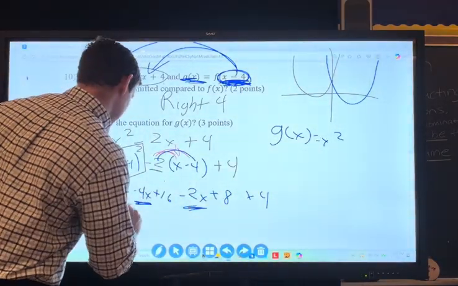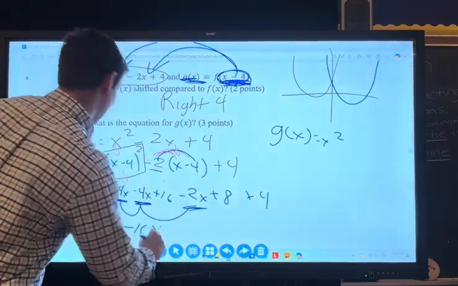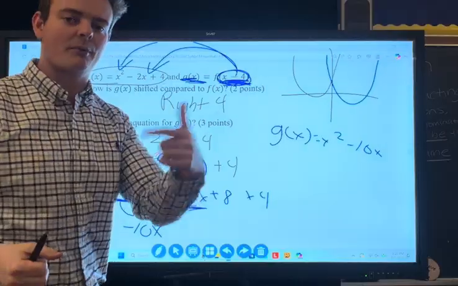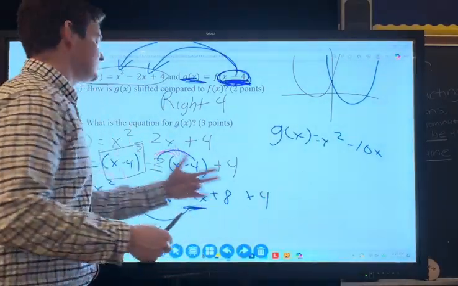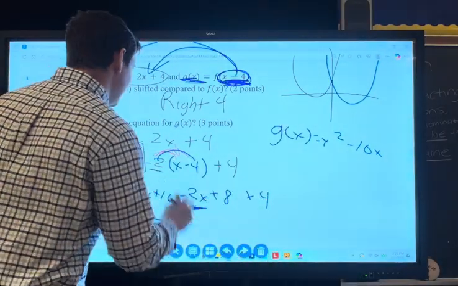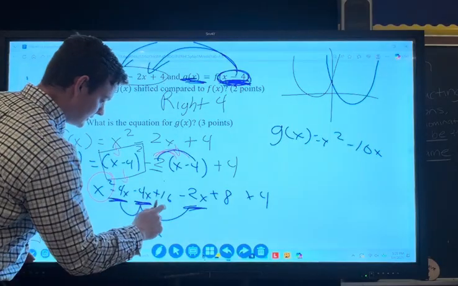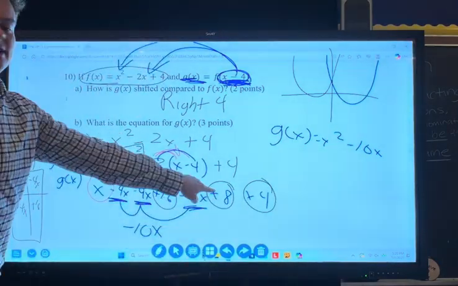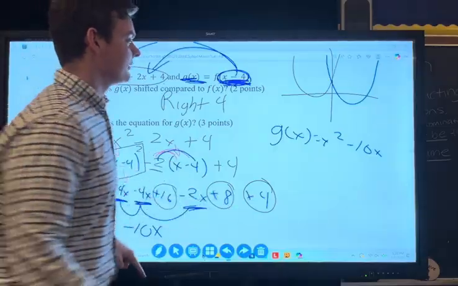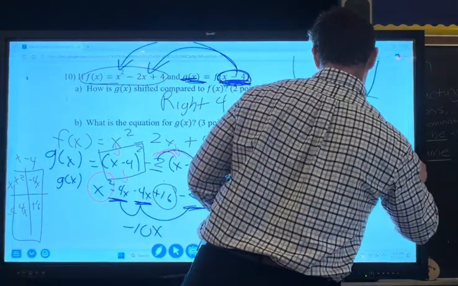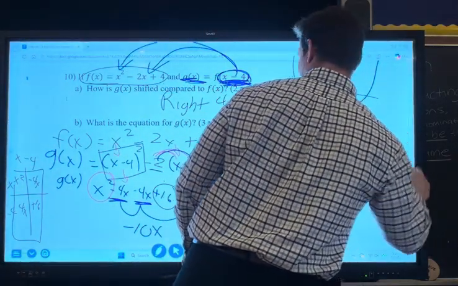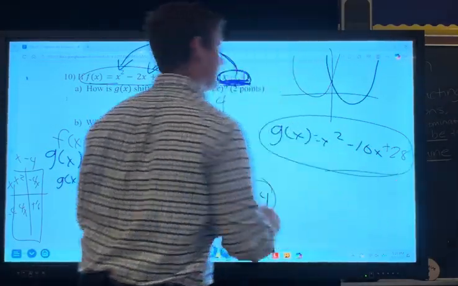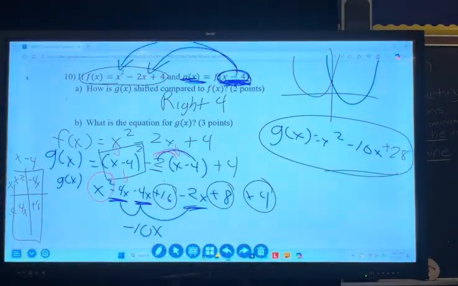That becomes -10x, because -4 minus 4 is -8, minus 2 is -10. Lastly, I have these numbers. Plus 16, plus 8, plus 4. 16 plus 8 is 24, plus 4 is plus 28. And this is my equation.